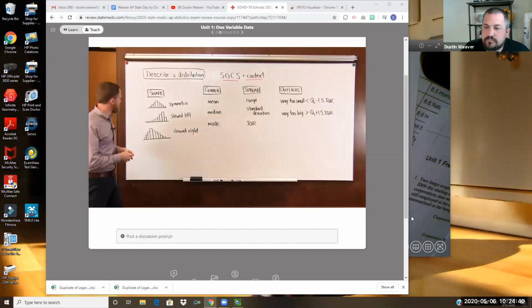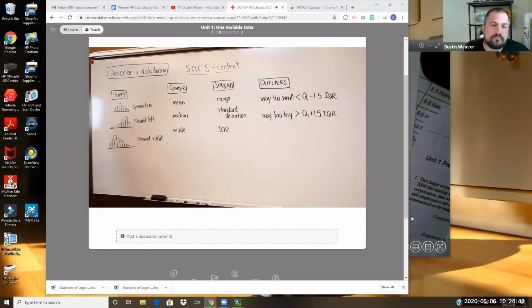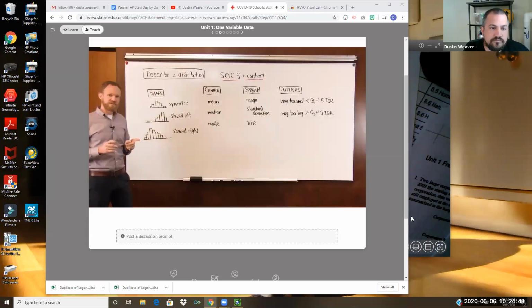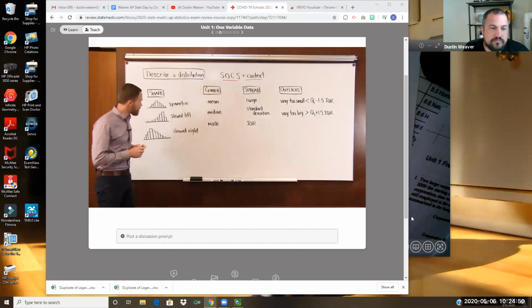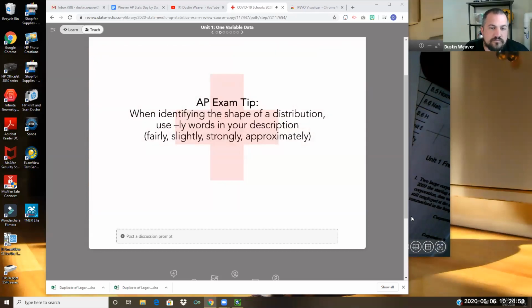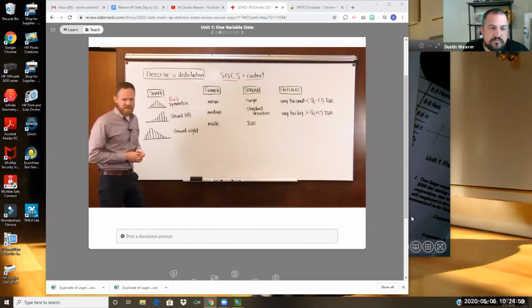So when it comes to shape, typically there are three different words that you can use to describe the shape: symmetric, skewed left, or skewed right. The other suggestion that we have is that you use LY words when you're describing the shape, such as fairly symmetric, because it's not likely that the distribution is exactly symmetric.